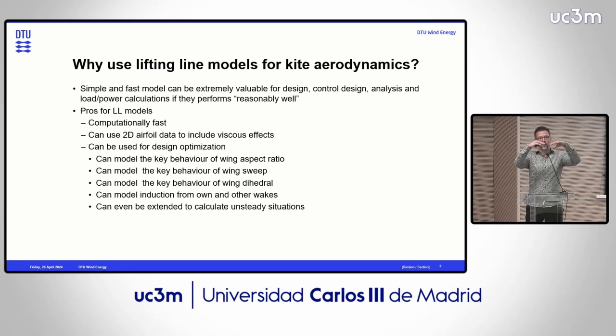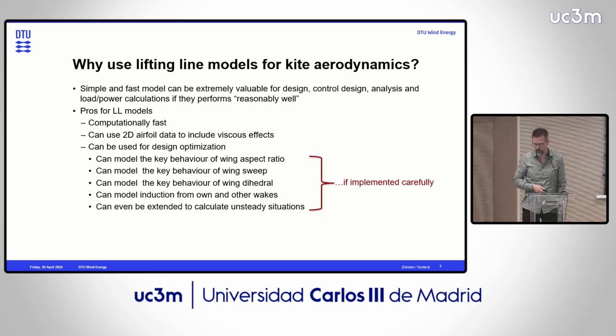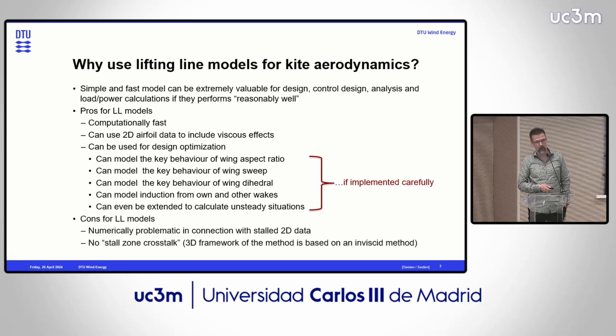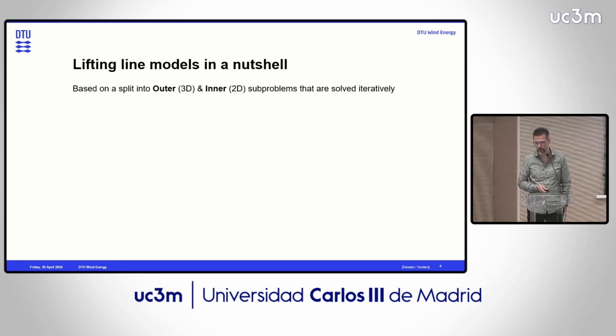So if done correctly, you can have the features of curved wings and own wakes that are curling up, and unsteady stuff. The cons are that it's tricky to do stalling stuff. So that's in a nutshell what it can do.